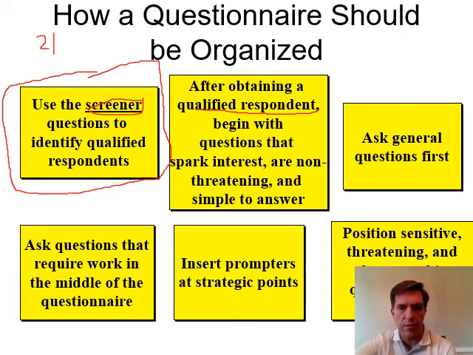Okay, so general questions first. Okay, then in the middle of the questionnaire, you might only have 5 questions. In the middle of the questionnaire, it might be short, right? But sometimes questionnaires are long. So in the middle, what you do is you ask the questions that require a little bit more work, right? So if you have tasks where they need to evaluate a bunch of products, this is the place to do it, okay?